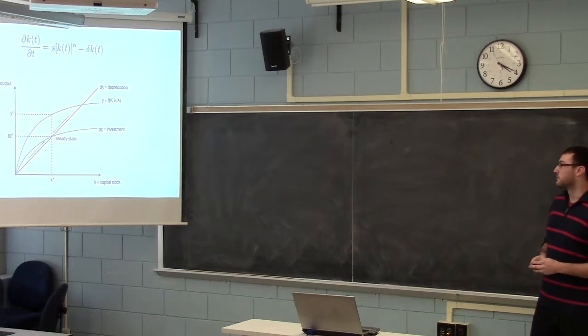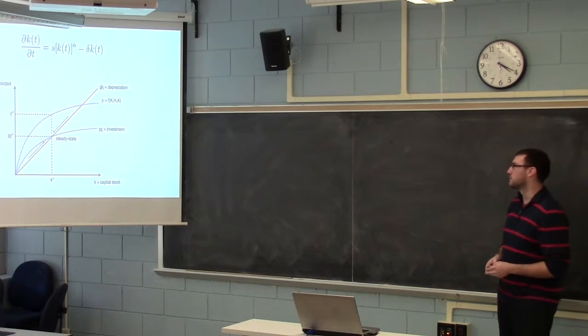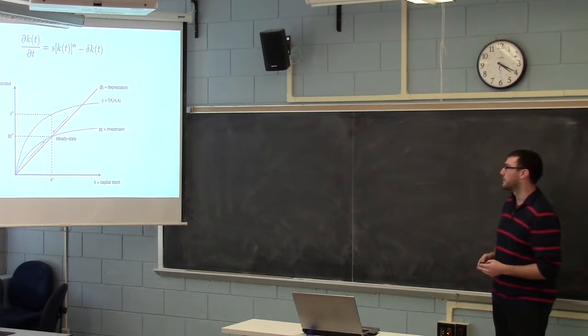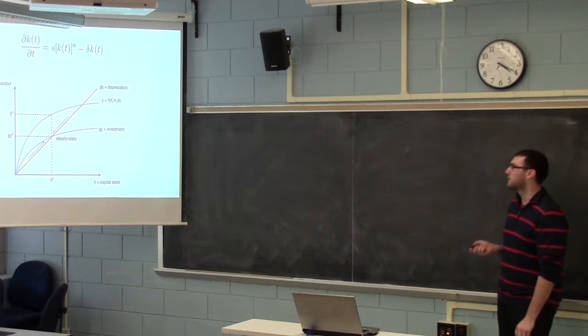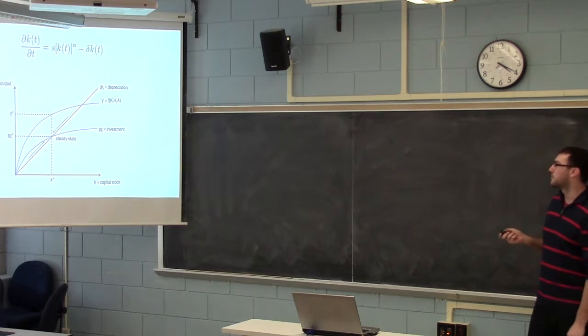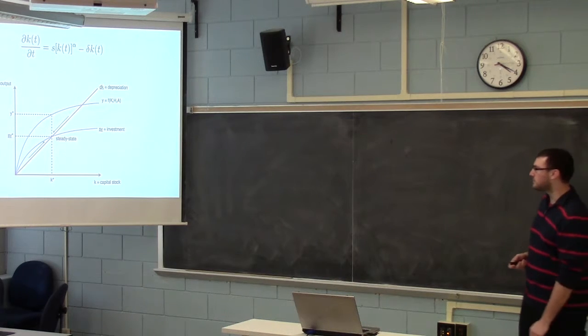Economics model, this is very common in macroeconomics, used by big businesses, corporations, called the Solow model. Again, a differential equation with capital, your K, related to time, also involving shares and depreciation.